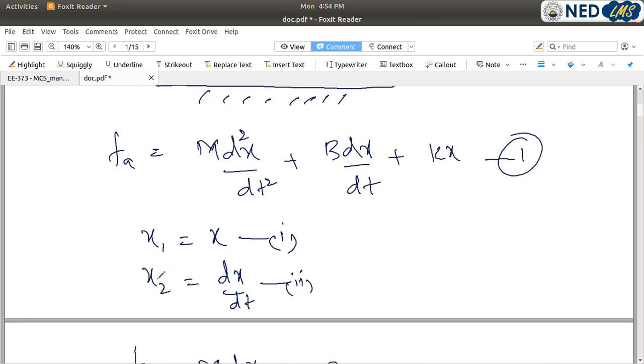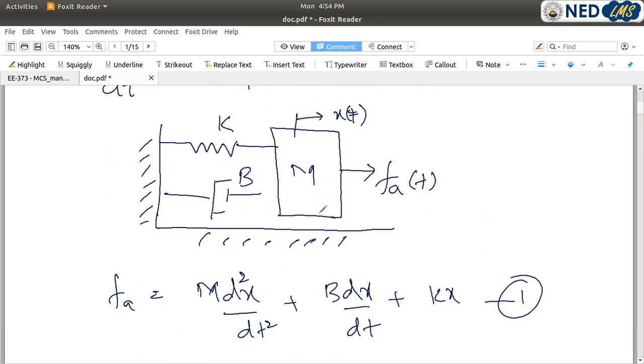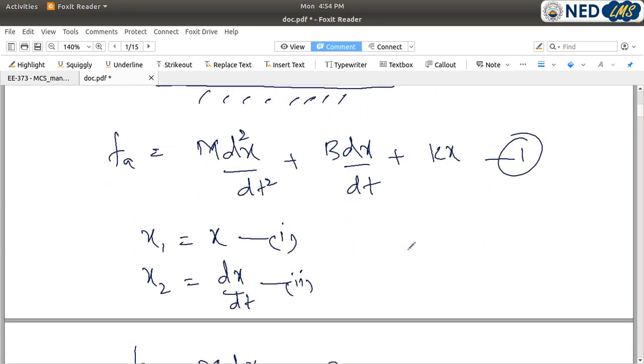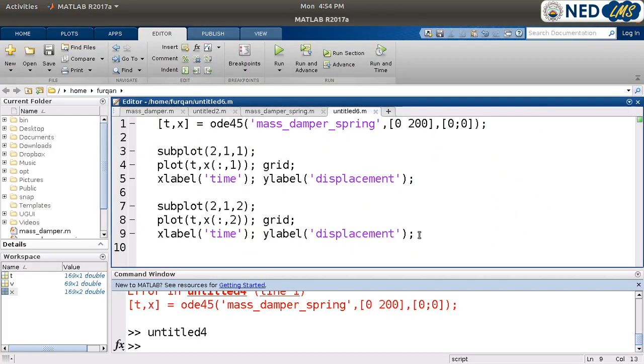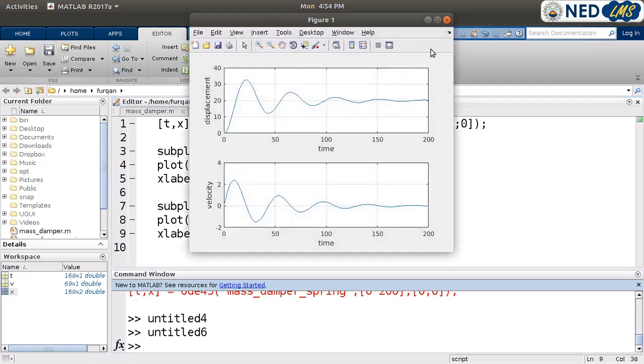In our assumption, x2 is equal to dx over dt, which is the velocity of this whole system. So I'm writing here velocity in place of displacement, and the x-axis will remain the same, which is time. Now save this script. I am executing this script.